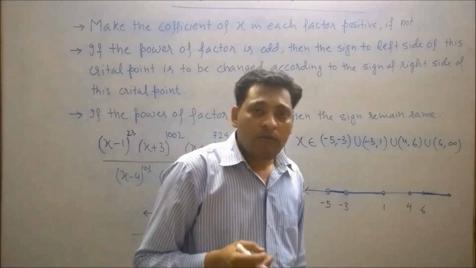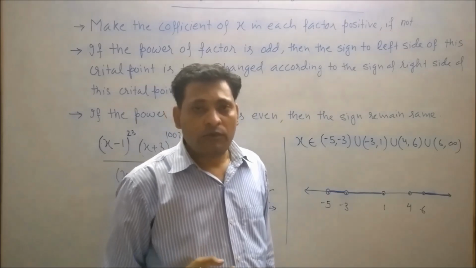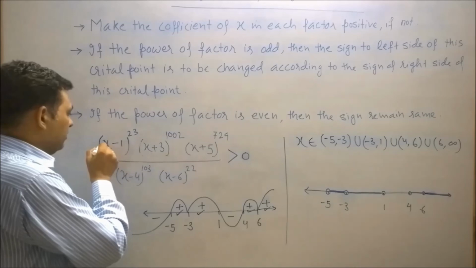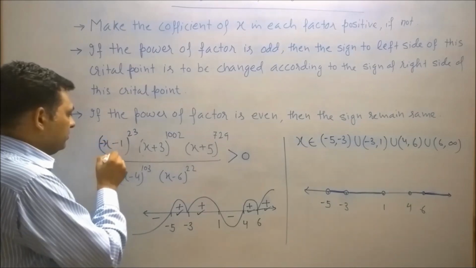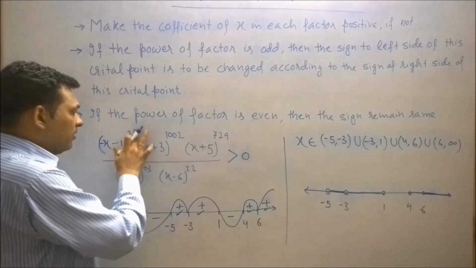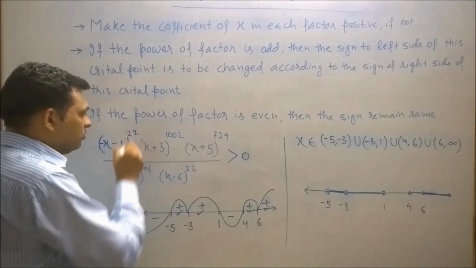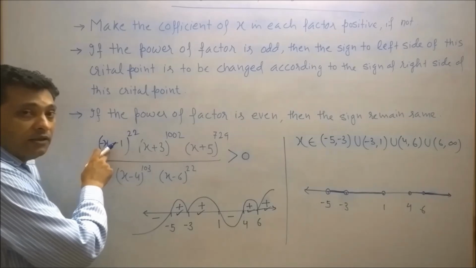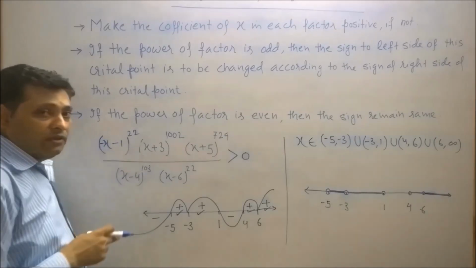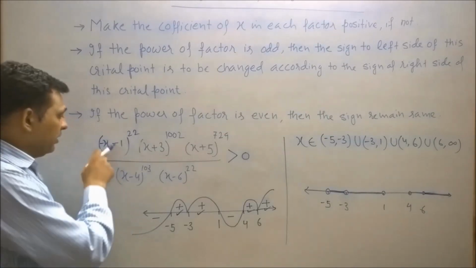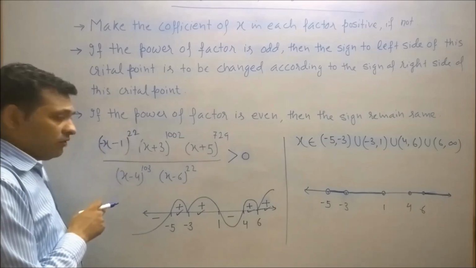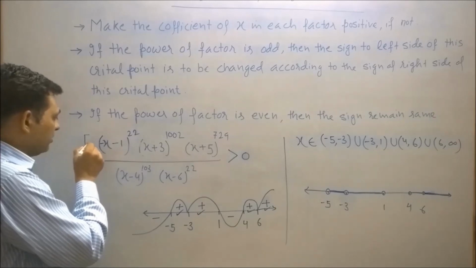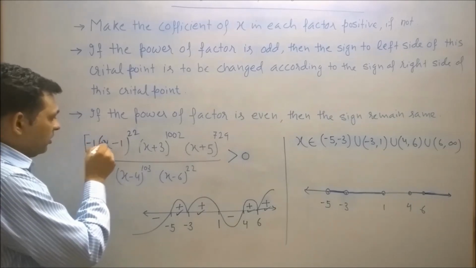Now student, one more precaution you have to take here. Suppose it is given that minus x minus 1 to the power 22. Now the coefficient of x is negative. By taking minus 1 as a common factor, we can make the coefficient of x positive. So take minus 1 as a common factor. This becomes positive.